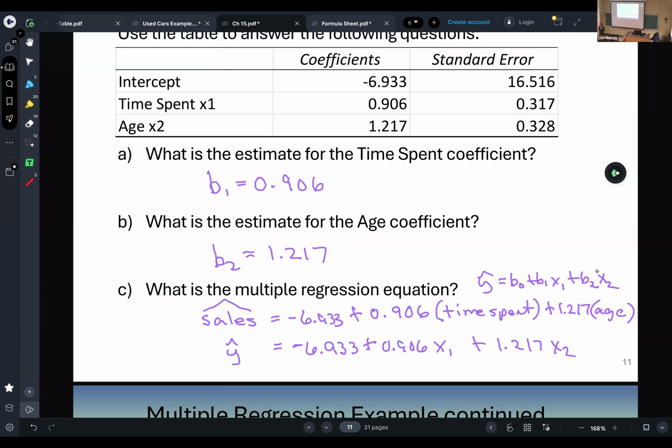If I'm working with a lot of emergency medical doctors, they don't want to see any math or code or anything. They don't even really want to see this much. But if you give it in words, do you find it helpful too? How do I get sales? Well, I get sales by having an intercept of negative 6.933, and I'm going to add 0.906 times the time spent in minutes and add 1.217 times someone's age.